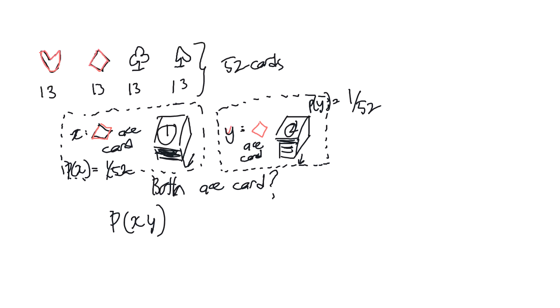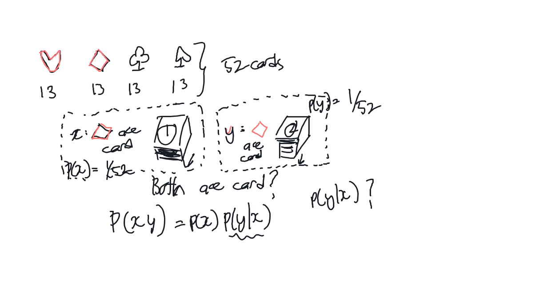So that is the probability of X and probability of Y given that we get X. Okay, and the point here is, what is probability of Y given X?